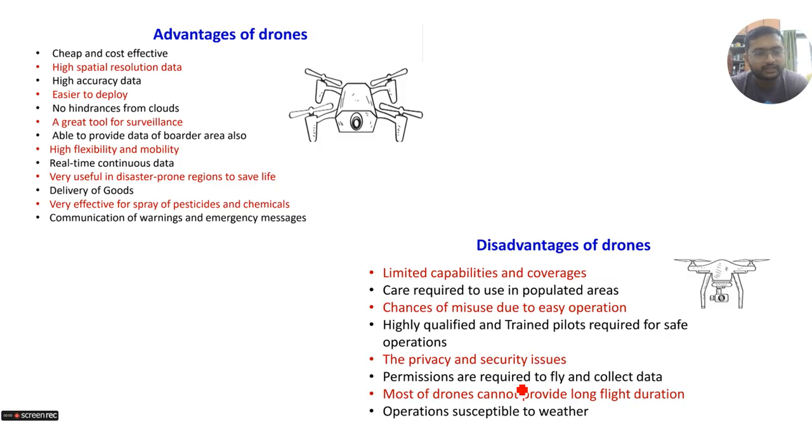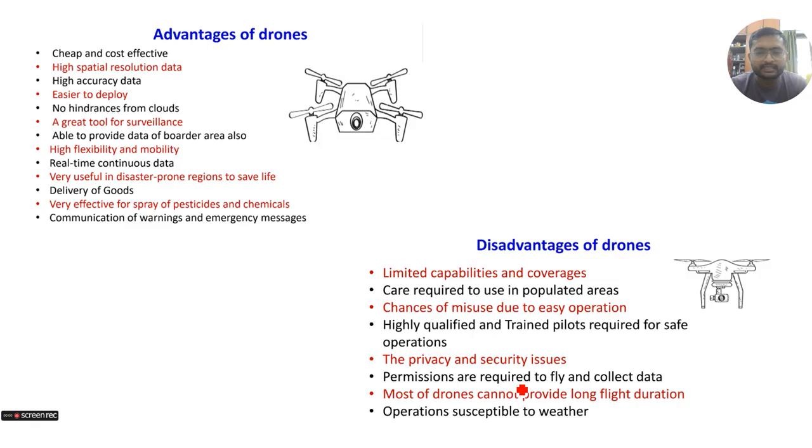Then it is good for delivering goods, medicines, and even memes, and lots of people are using it for various purposes, from normal grocery to other advanced equipment for drone delivery. Then very effective for spraying pesticides in agriculture. Then communication of warnings and emergencies: if a flood is going to come in a village, we can reach that village quickly and disseminate the information quickly using drones.